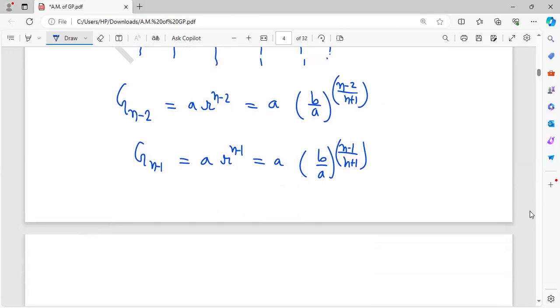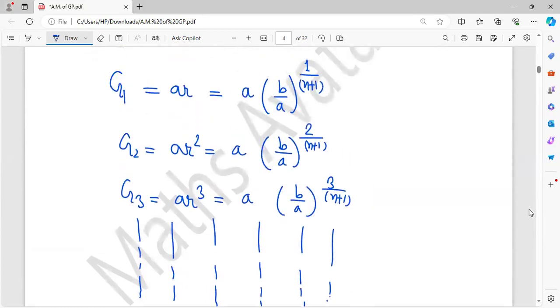What is Gn? Gn is equal to AR to the power N, A times (B upon A) to the power N upon N plus 1. So these are the formulas.